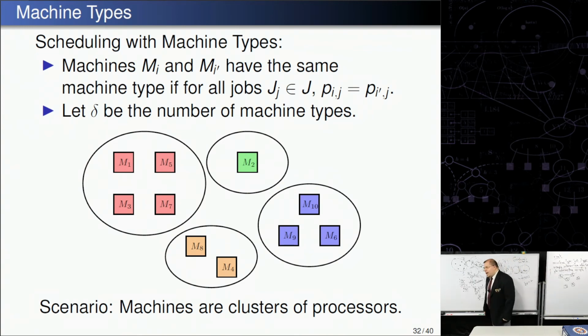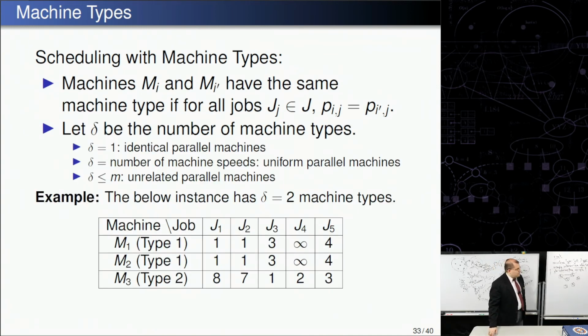This is quite natural to occur in practice, where each cluster is homogeneous amongst itself, but they're typically networked together. It doesn't necessarily have to be that they're physically connected to each other. The point is that they can represent clusters of processors. And so it's very general.